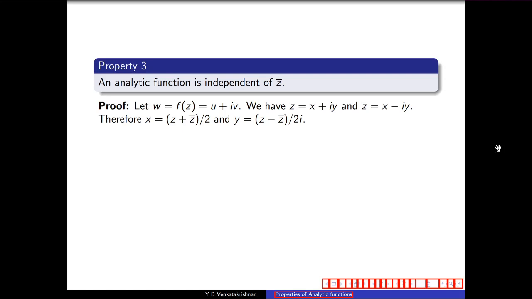If an analytic function has constant modulus, then the entire analytic function is constant.